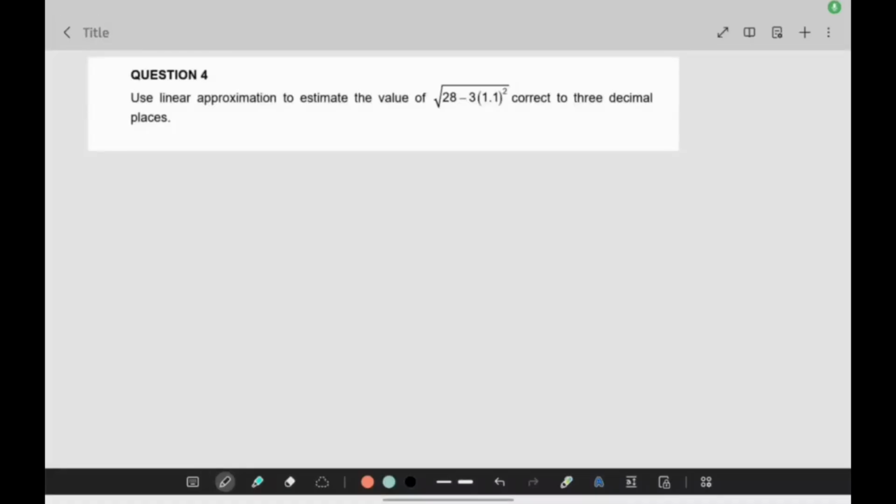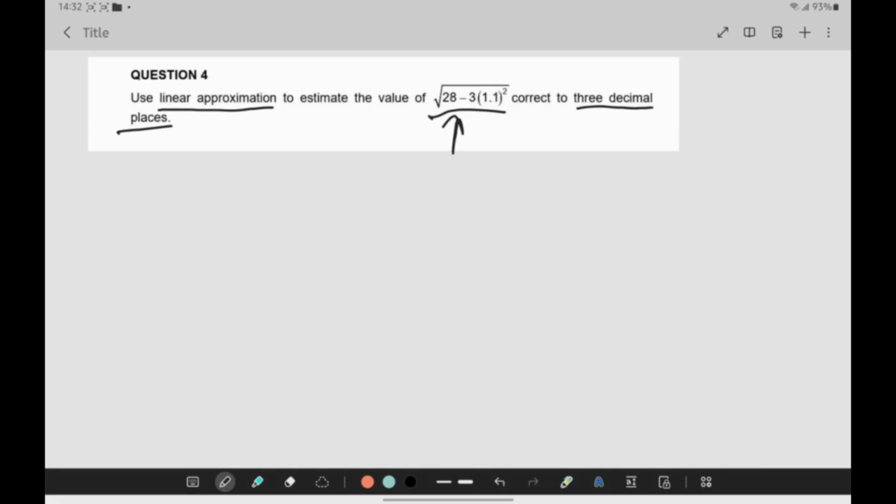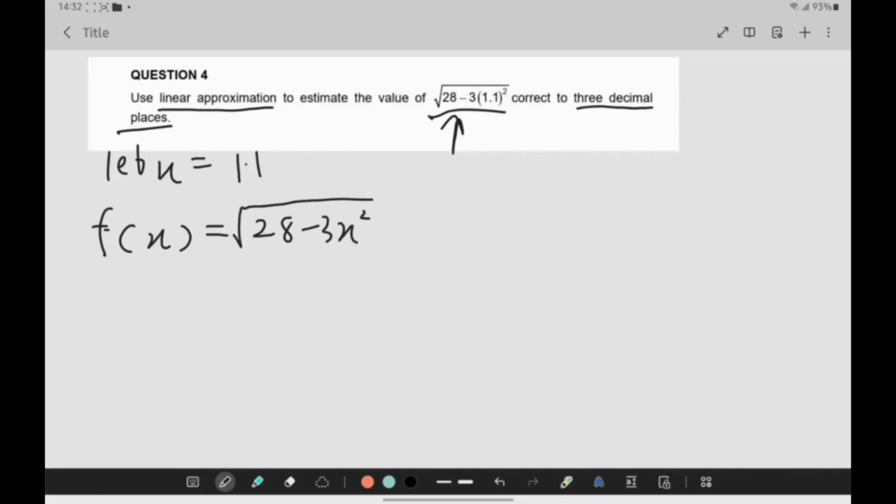Okay, question 4. Use linear approximation to estimate the value of this to 3 decimal places. First, you want to make this a function, so you let x equal 1.1. Then you get the function f(x) equal to this.